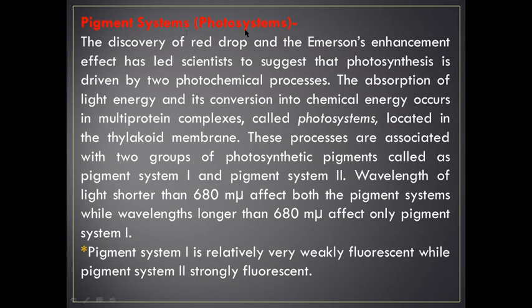Pigment systems are also known as photosystems. The discovery of the red drop and Emerson's enhancement effect has led scientists to suggest that photosynthesis is driven by two photochemical processes: the absorption of light energy and its conversion into chemical energy occurs in multi-protein complexes called photosystems located in the thylakoid membrane.